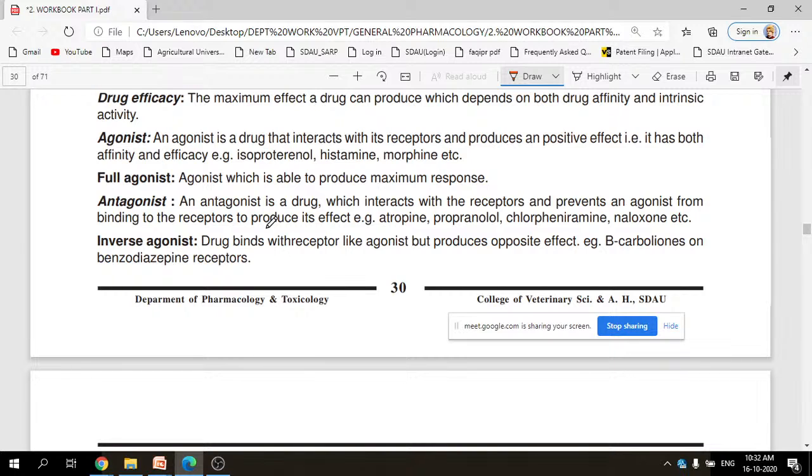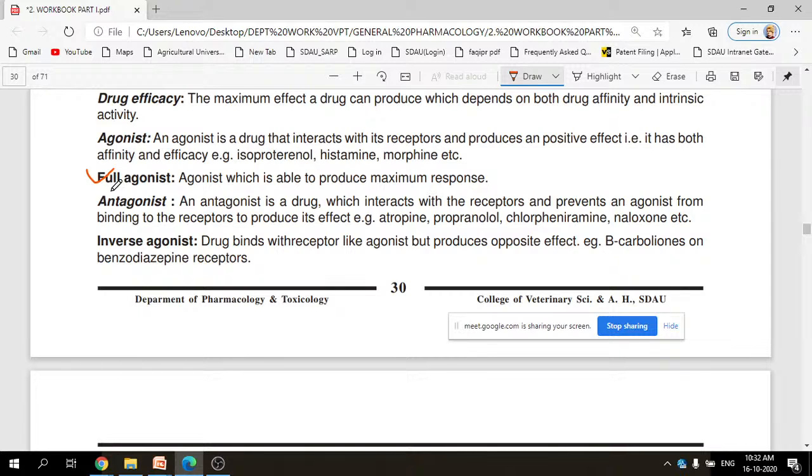If a drug combines with the adrenergic receptors and inhibits them, then it is known as an antagonist. Now, a full agonist is an agonist able to produce the maximum response. A partial agonist is able to produce a partial response, not the maximum response.